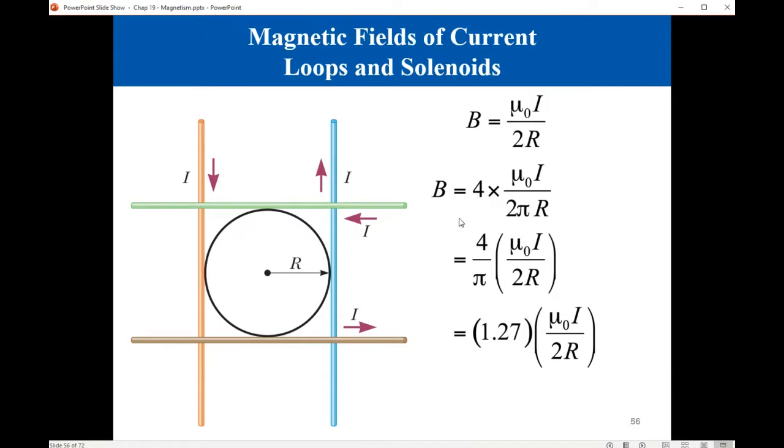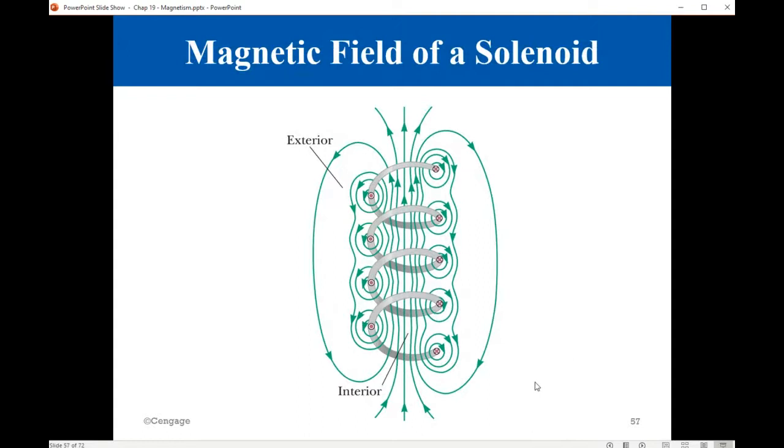For such wires, we multiply by 4. We simplify: 4 cancels approximately with pi, so 4 divided by pi is 1.27. So the result is mu naught I over 2r approximately. If you have n such turns, you just multiply by n to get the magnetic field.